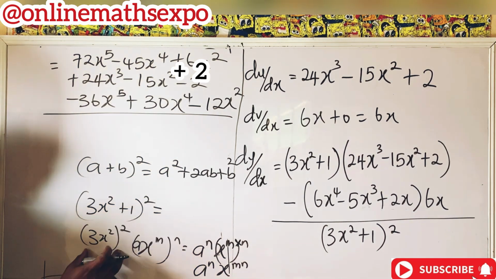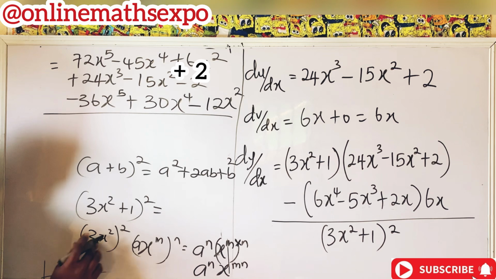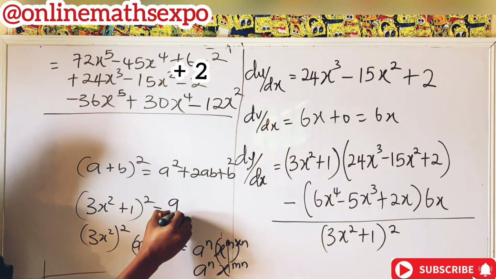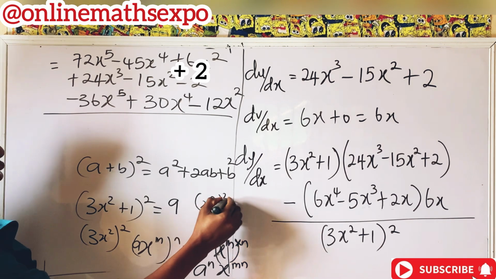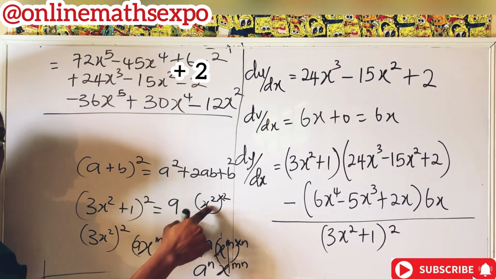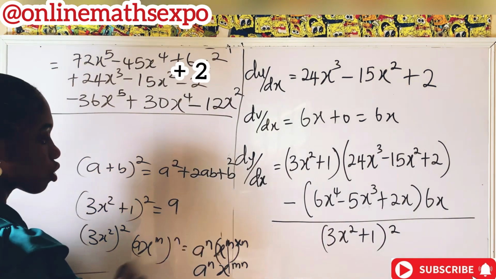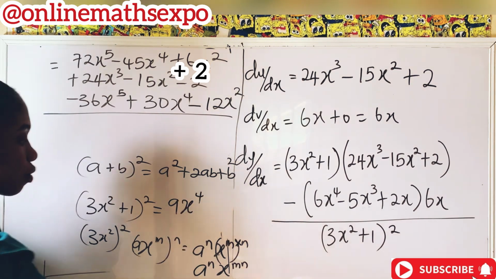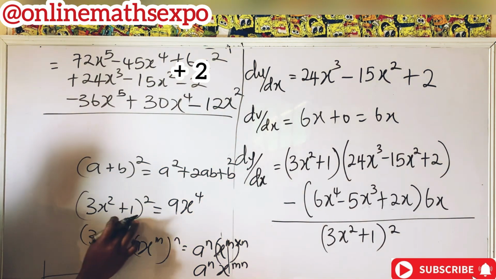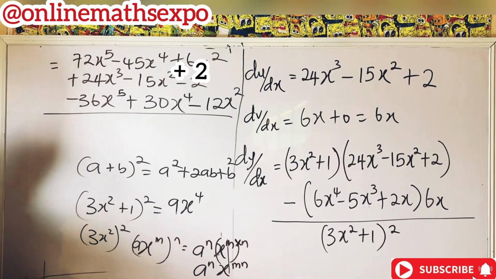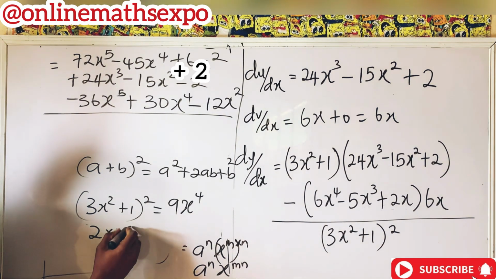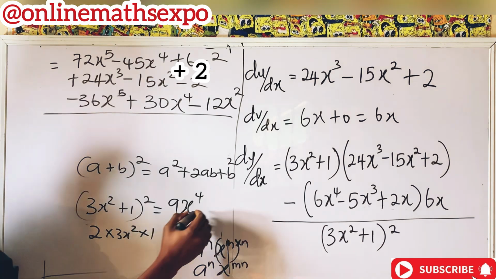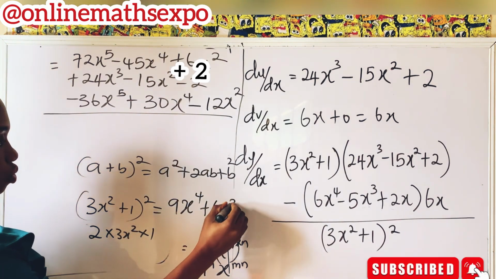So if you apply it here, it's going to give us 3 raised to power 2 will give us 9. Then x raised to power 2 raised to power 2, you multiply. It will be x raised to power 4. So we're going to have x raised to power 4. Use 2 to multiply this. 2 multiplies 3x squared multiply 1 will give us 6x squared.